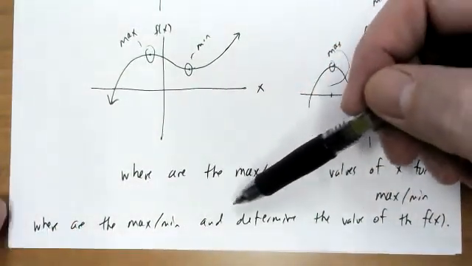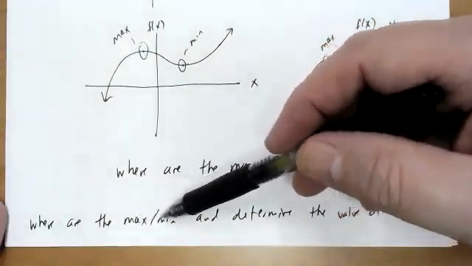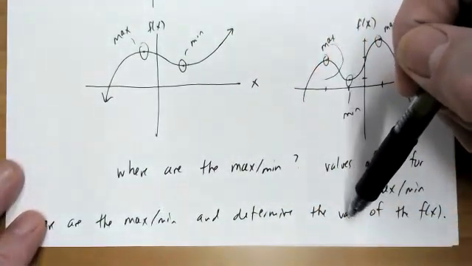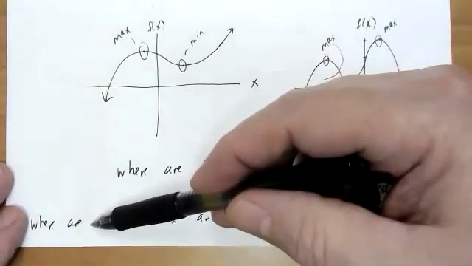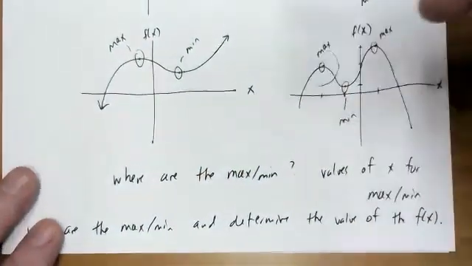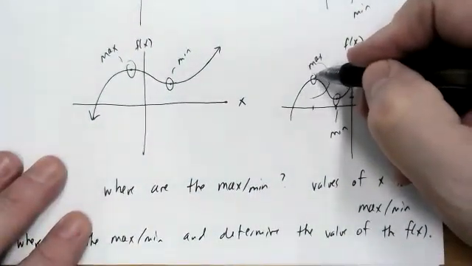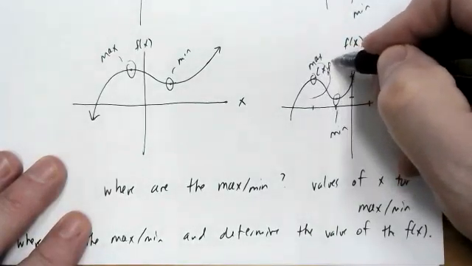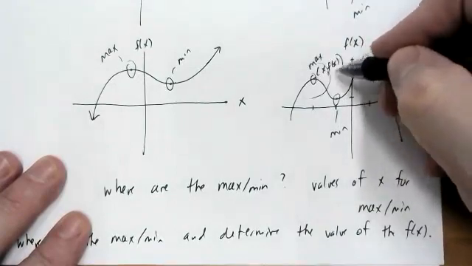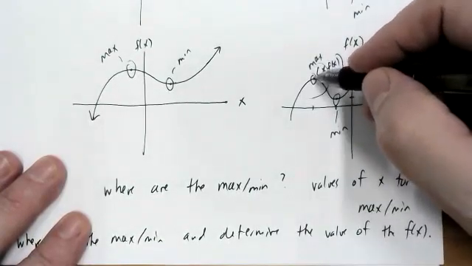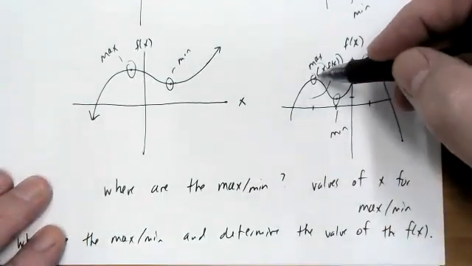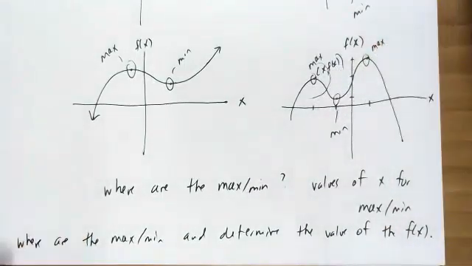In the second question, you're going to find the values of x again, but for each x, you're also going to find the value of the function. So it's almost like you're finding the point, the x and the y, the x and the y, the x and the y. In the first question, all you care about is the value of x.